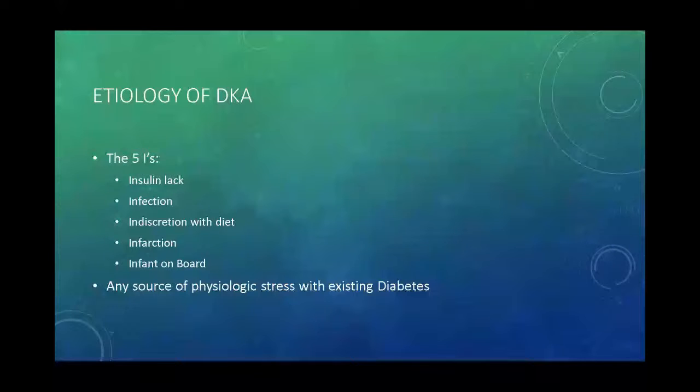And then obviously if patients are poorly compliant with any of their diets as a known diabetic, this can also lead to a higher risk of forming DKA. But basically, in short, anything that can cause some sort of physiological stress with an existing history of diabetes increases their risk for developing DKA.